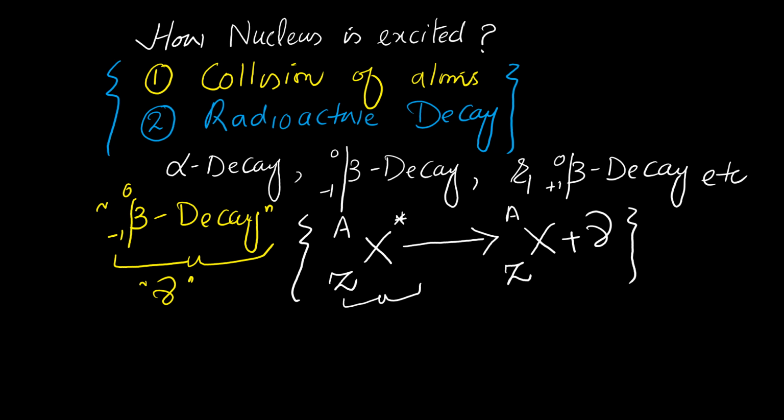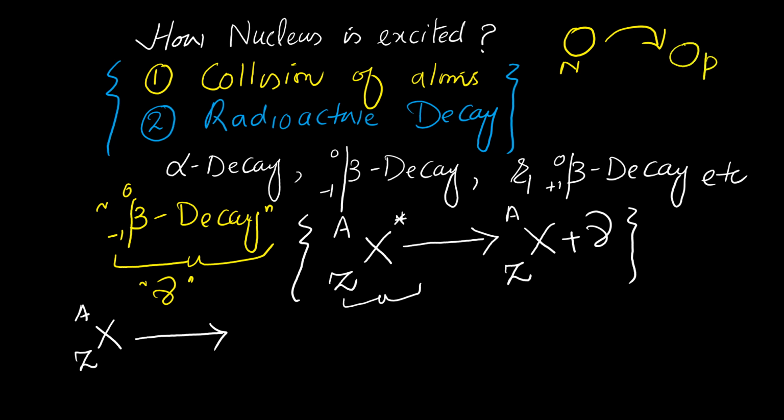Now in case of beta decay causing the release of a gamma particle, you know that suppose we have an element X having an atomic number Z as well as mass number A, and it is going through a beta decay. You know that in beta decay a neutron, N, is converted into a proton.